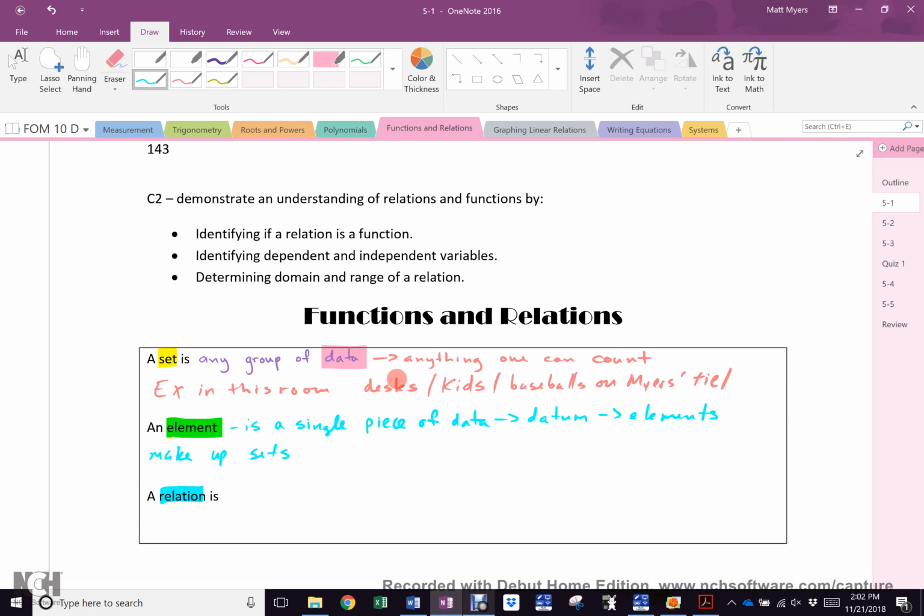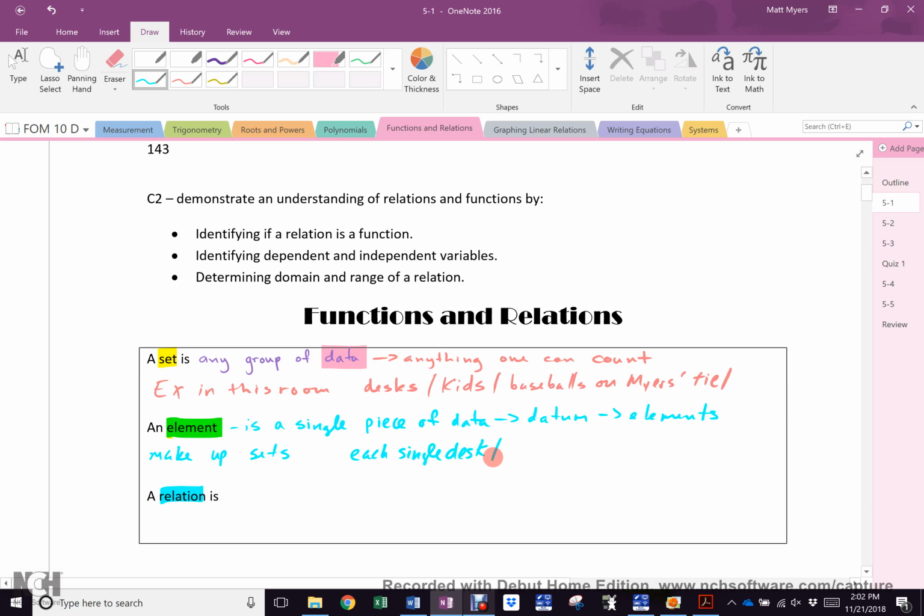In this room, there's 30 student desks, my desk at the back, and this desk here, for a total of how many desks? So we can argue, regardless, the set is the desks. The elements are each single desk.